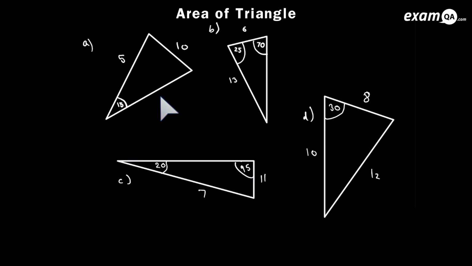Okay, let's look at B. If you notice, the angle, which is 25, has got two adjacent sides. So here we can work out the area of this triangle. And let's have a look at C. There's two sides known, but the angle between them is not known. So at the moment, we can't use the formula. However, we have got two angles known.